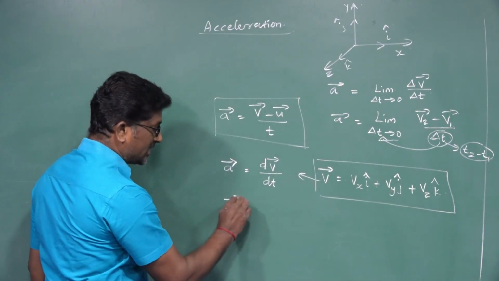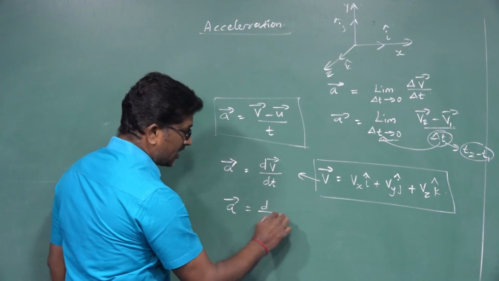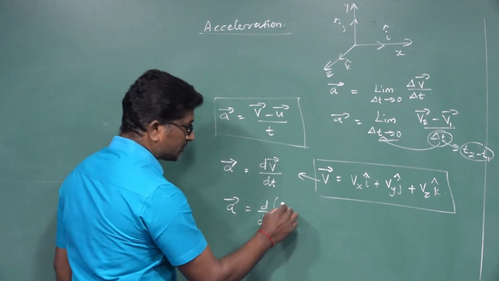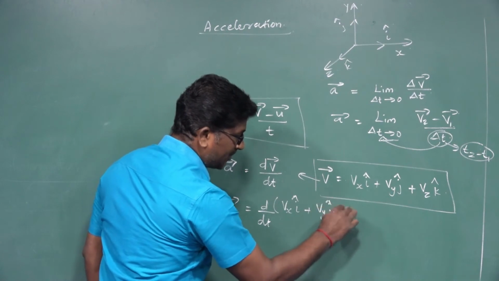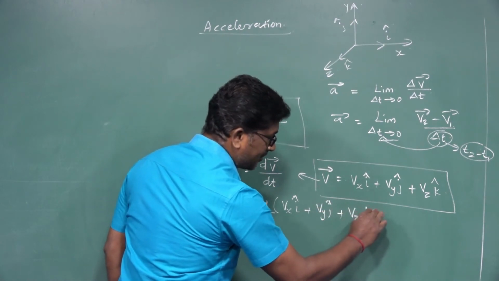Then this equation becomes a vector is equal to d divided by dt of vx i cap plus vy j cap plus vz k cap, right?